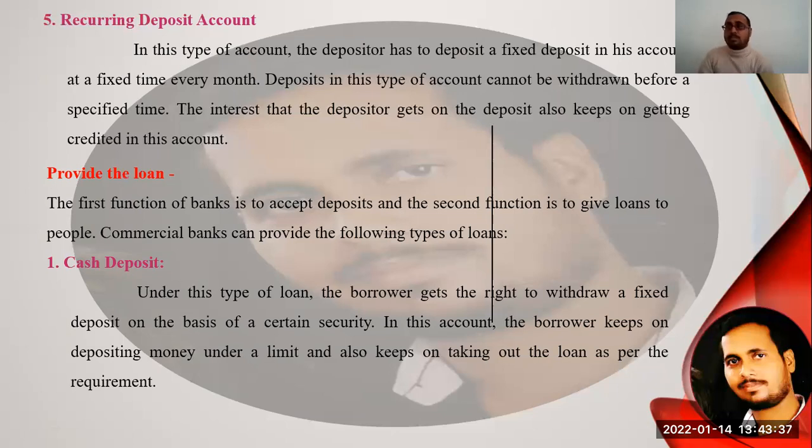Under this type of loan, the borrower gets the right to withdraw a fixed amount on the basis of a certain security. If we want a loan from the bank, we have to deposit money into the bank, and the bank provides the loan on our deposited amount to us on demand.